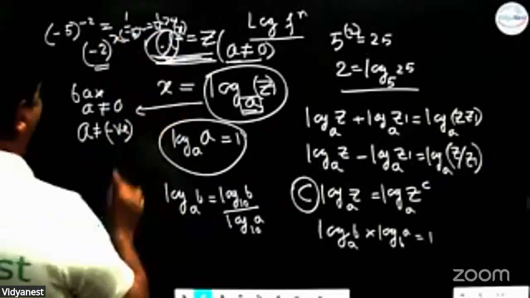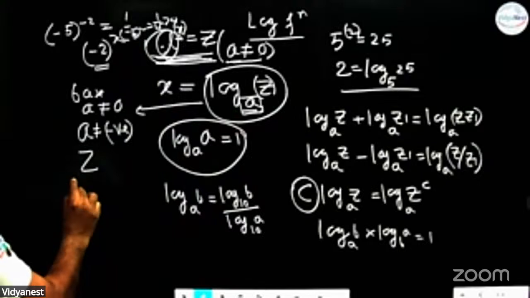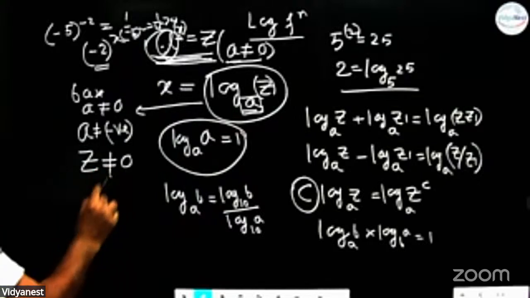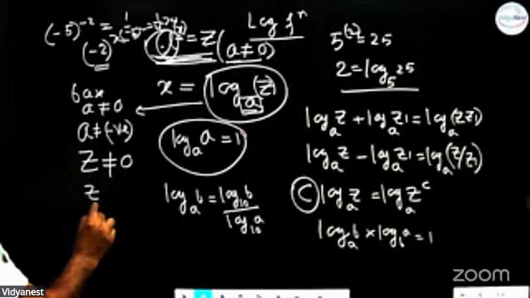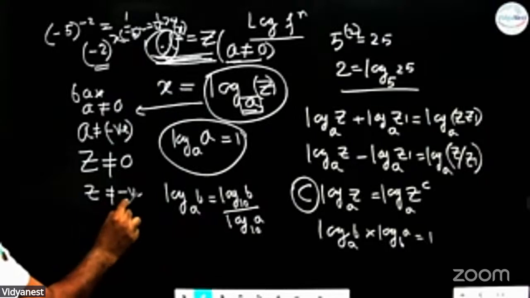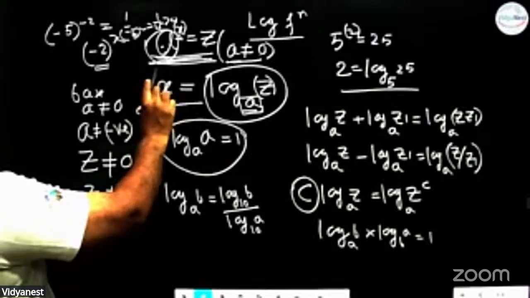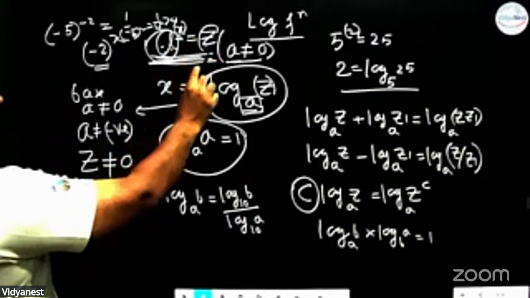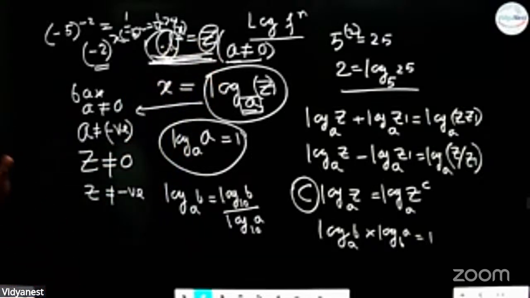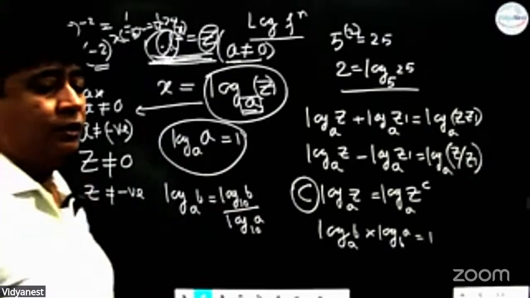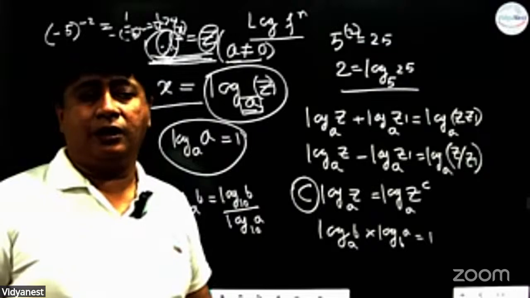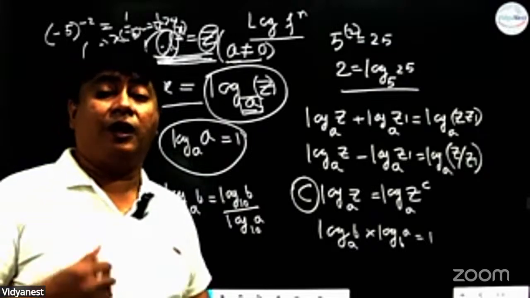So z cannot be negative, and z cannot be 0 also. Whatever be the value of a and x, it cannot be 0. So these things must be remembered in finding domain and range involving log.